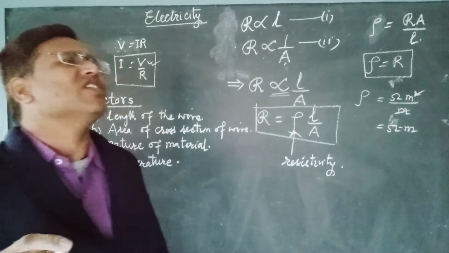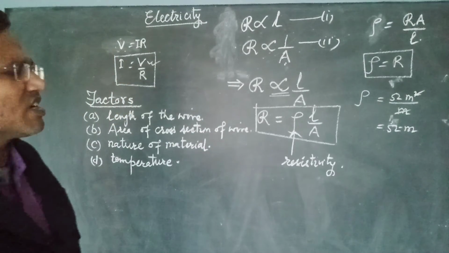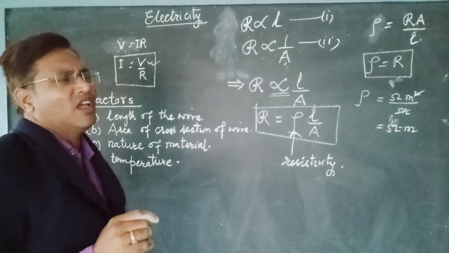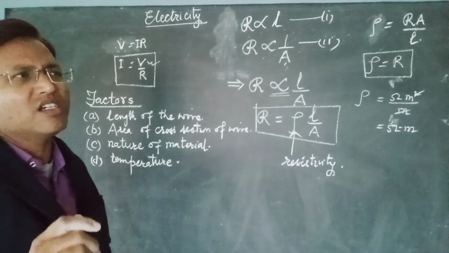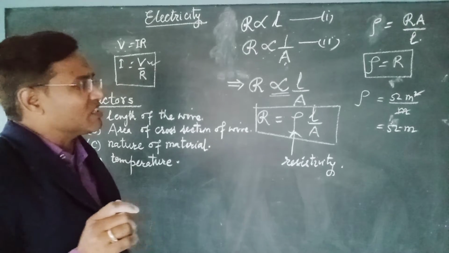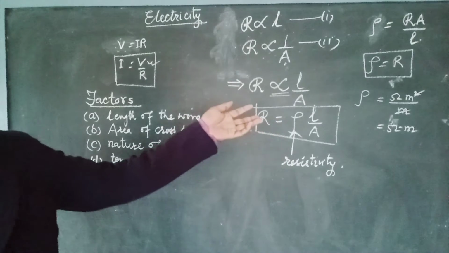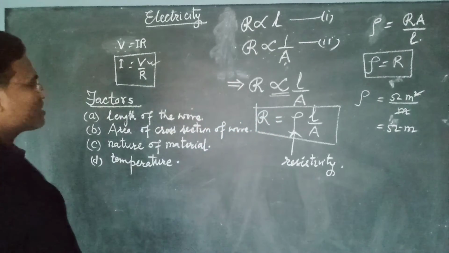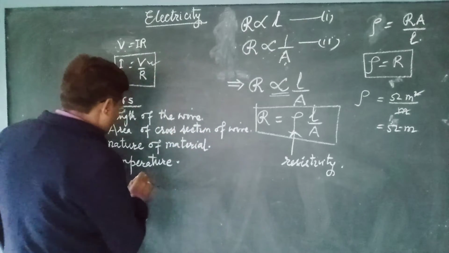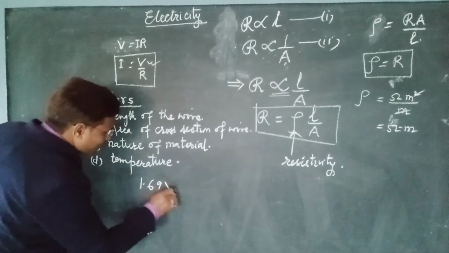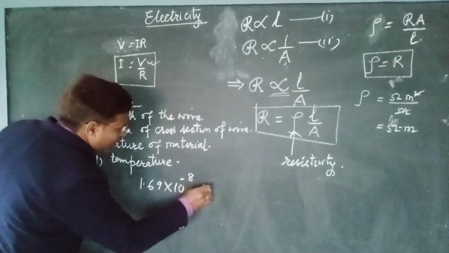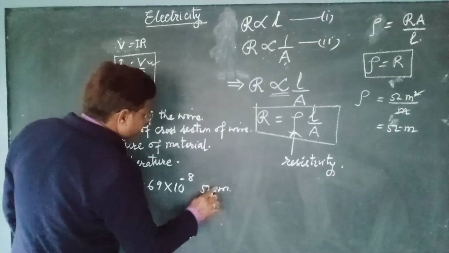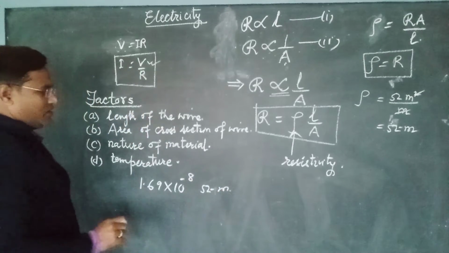Now sometimes we are given a certain material, for example a copper wire. It is given that the resistivity of copper is 1.69 into 10 to the power minus 8 ohm meter. What does this mean?